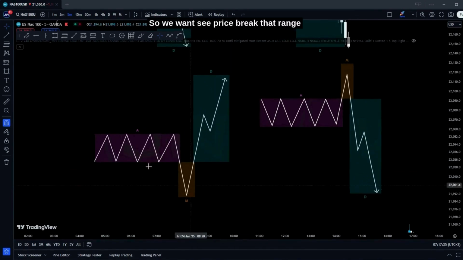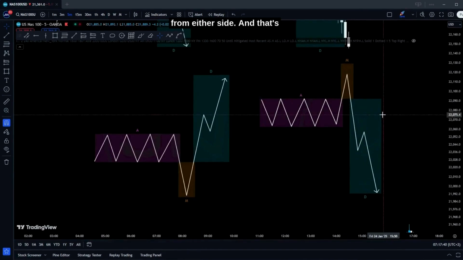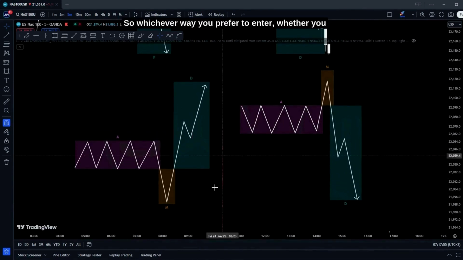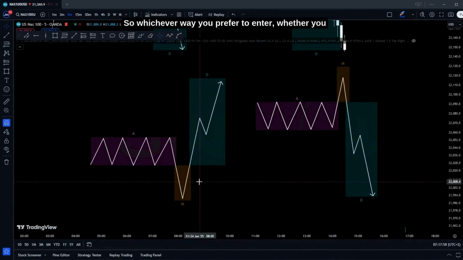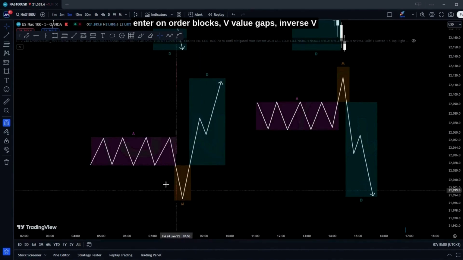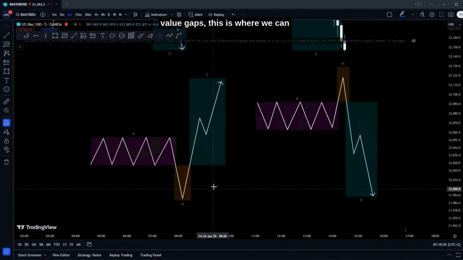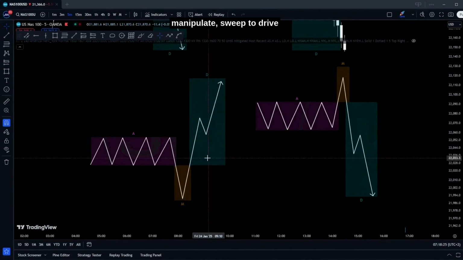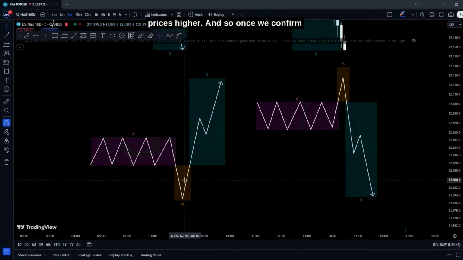So we want to see price break that range from either side, and that's when we start applying our entry models. So whichever way you prefer to enter, whether you enter on order blocks, fair value gaps, inverse fair value gaps, this is where we can start looking. So we want to see price manipulate, sweep to drive prices higher.